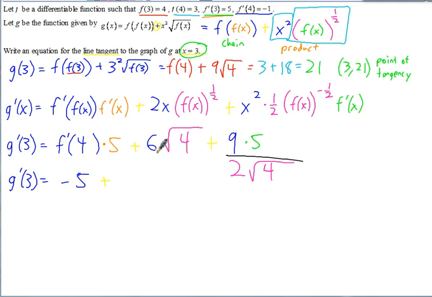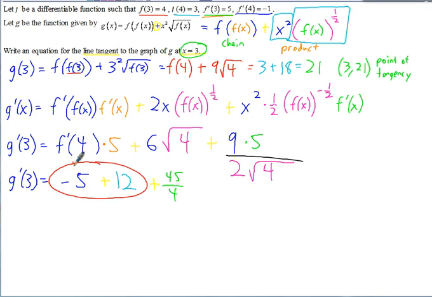Plus, square root of 4 is 2 times 6 gives you 12. Plus, 9 times 5 is 45, over square root of 4 is 2 times 2, 45 fourths. And then to combine these, you need a common number.